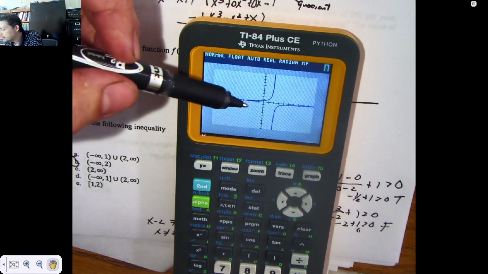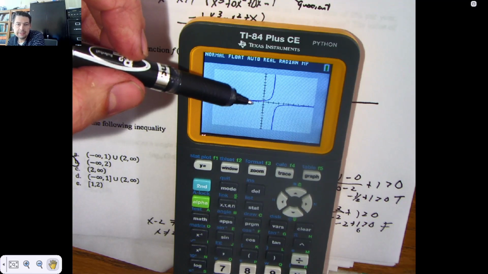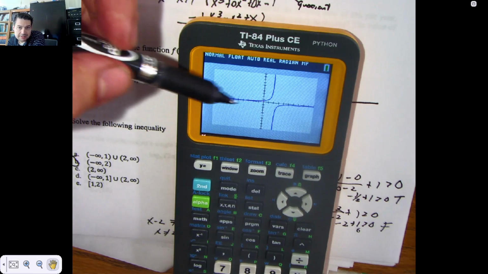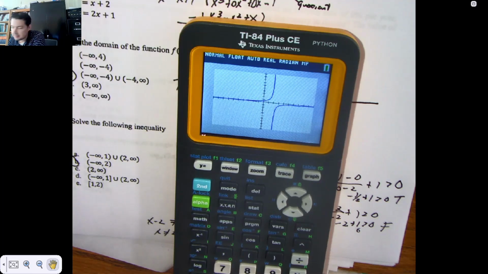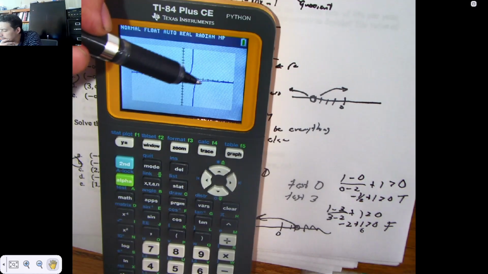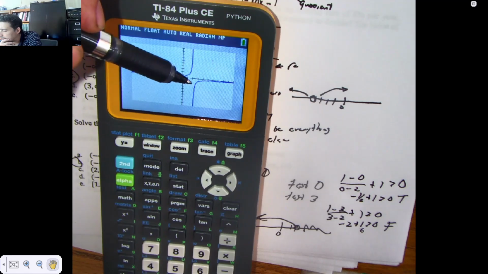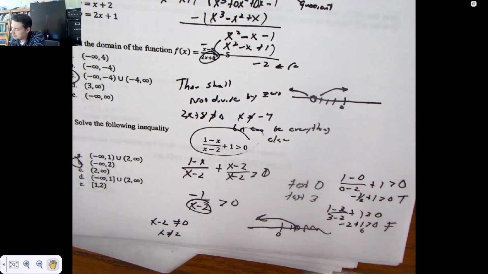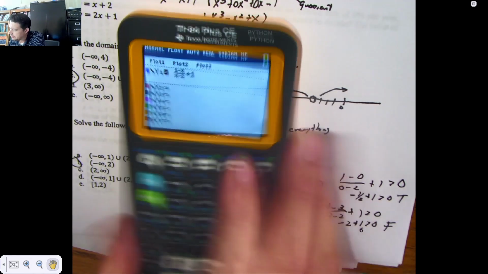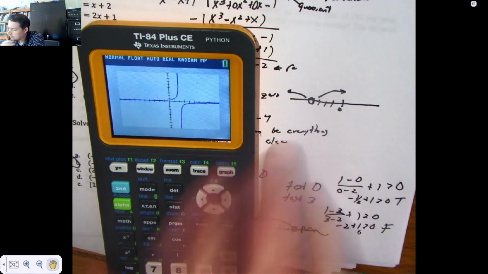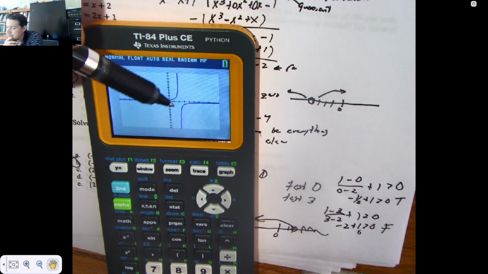So here's negative 2 on my graph. Look at that thing. It just barely looks like it's less than 0, and there's something going on over here. Oh, sorry, 2 is the deal. Right there. Oh, I want greater than 0, don't I? So there's negative 2.